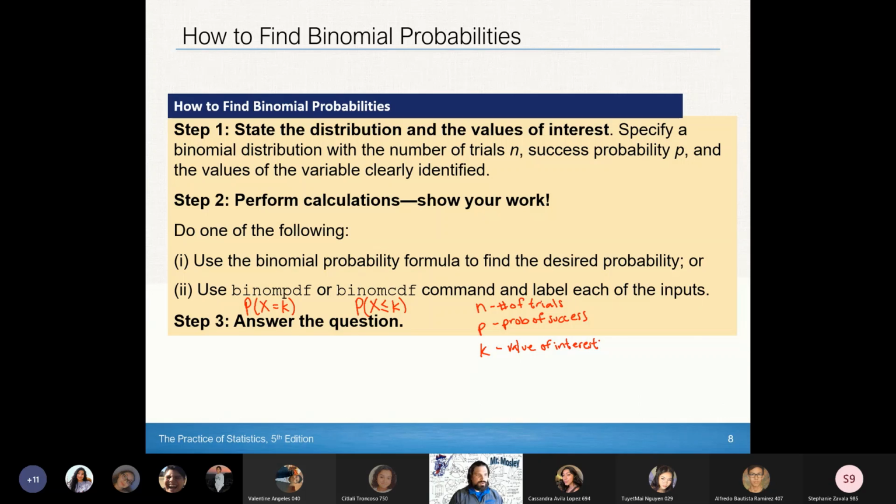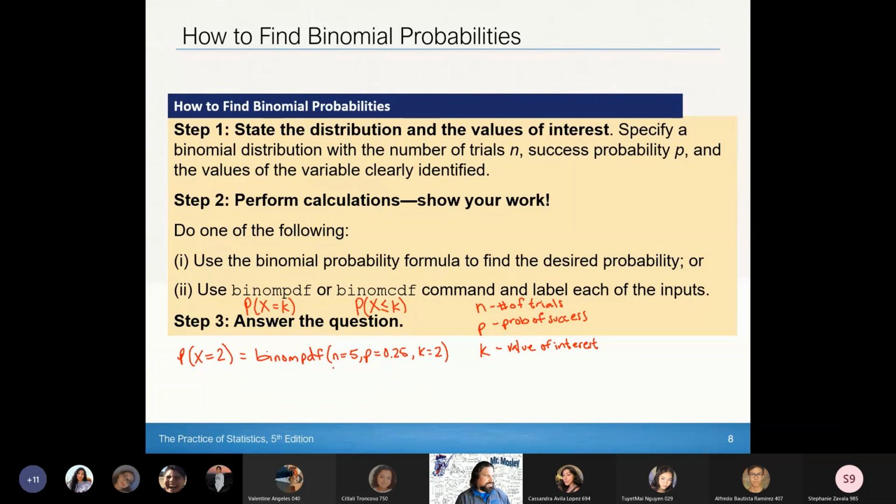All right. So for example, suppose we're using this in our calculator to find the probability of having exactly 2 kids with type O blood. We would say, I'm going to find the probability of X equals 2, and that is going to be equal to the binom PDF with N equal to 5, P equals 0.25, and K equals 2.